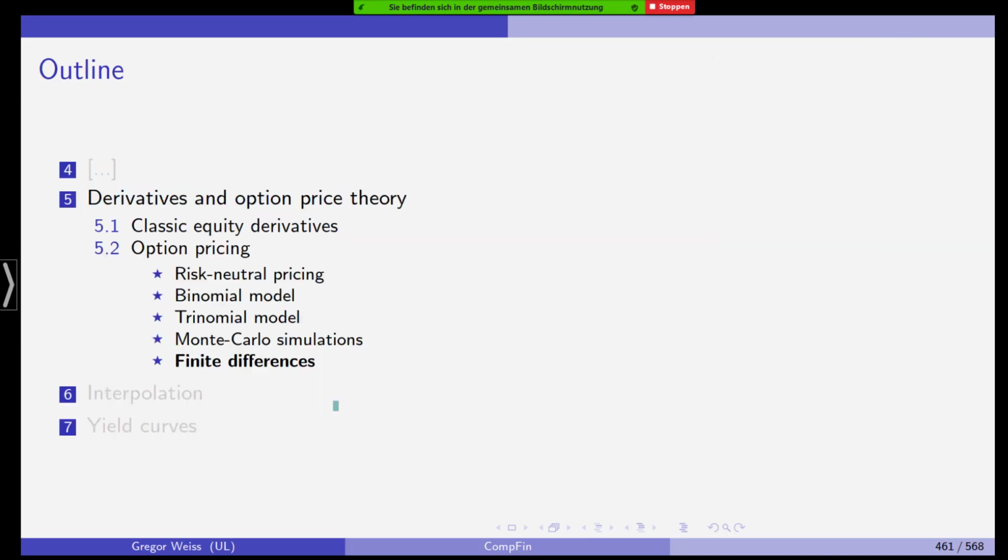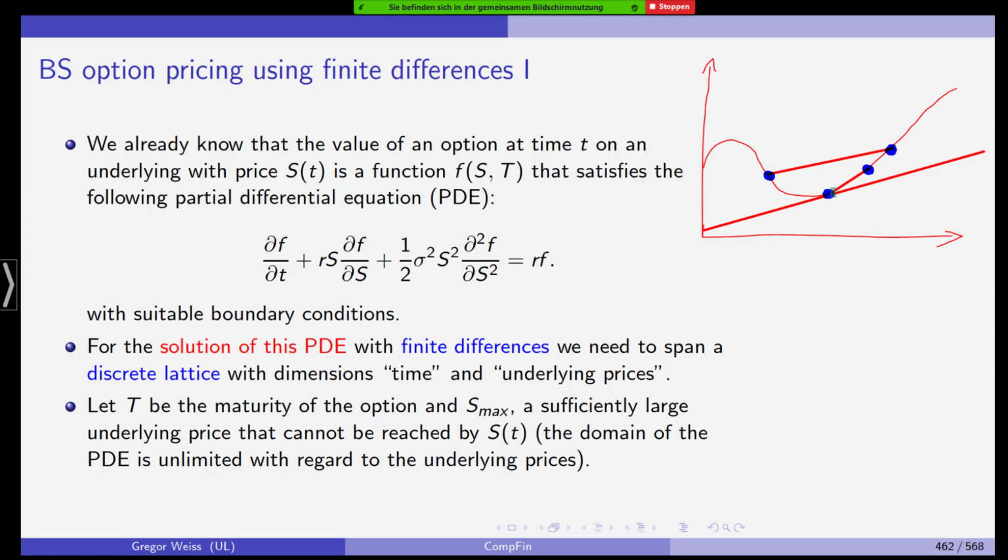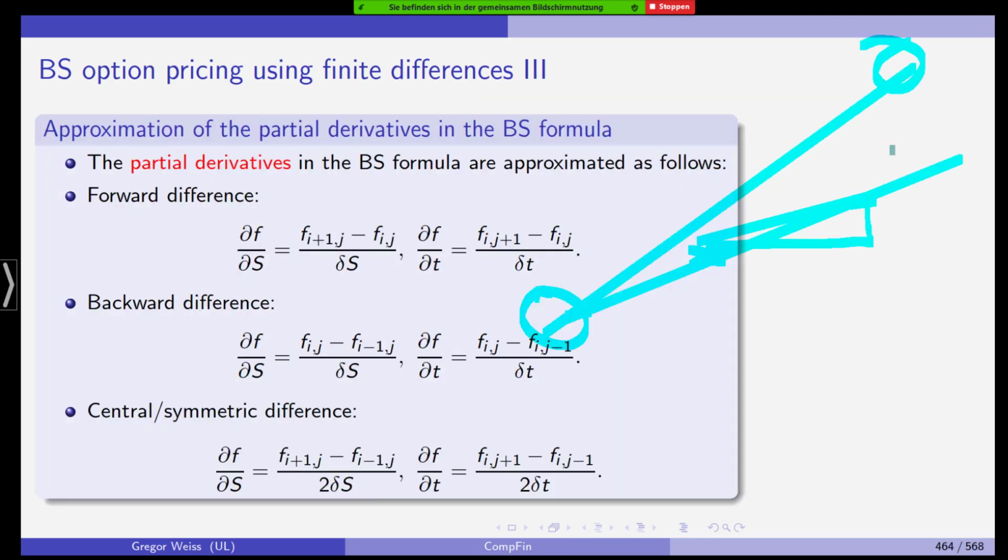Remember, this is what I've shown you here. If you take this point and one to the right, forward difference. If we take this and one to the left, backward difference. And if we take one to the left and one to the right and combine these two, we have a central difference, quite simply. And then we substitute the forward difference by F_i+1,j minus F_i,j divided by delta S. And the same for t, backward difference and central symmetric accordingly.